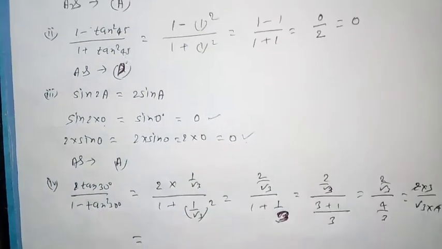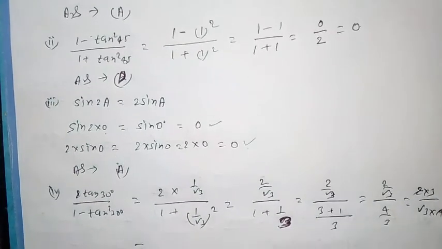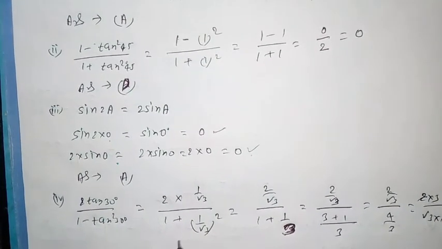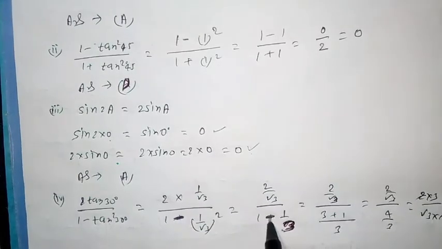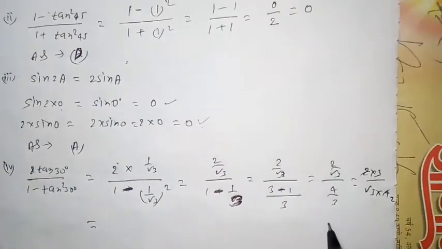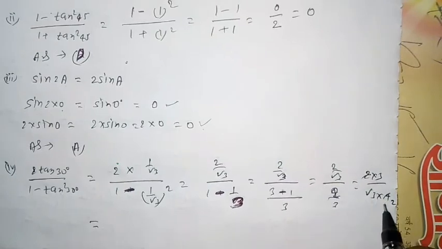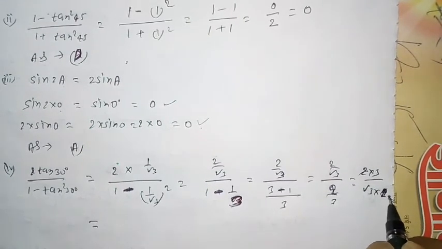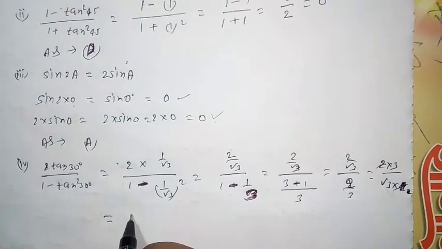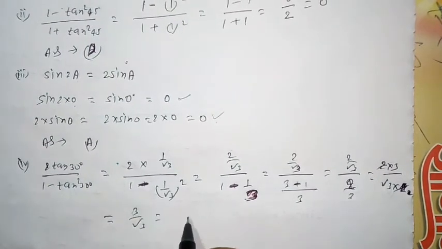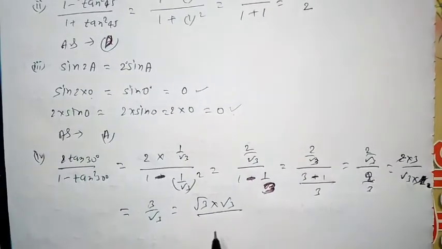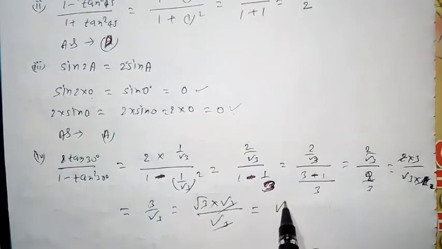Sorry, here it is minus. Then the 2s cancel, giving 3 by root 3. Now I write 3 as root 3 into root 3 by root 3. Root 3 cancels, so it is equal to root 3.